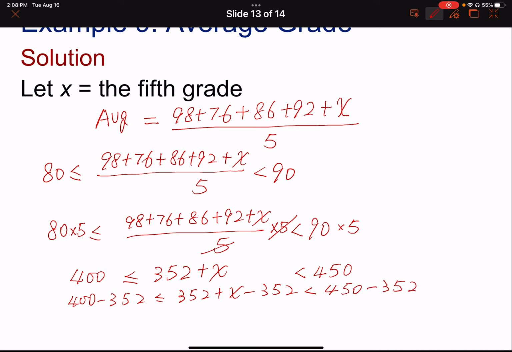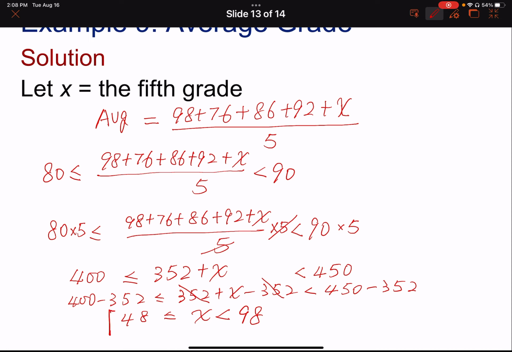And 400 minus 352 is 48, less than or equal to 352 minus 352 is 0, so x, and less than 450 minus 352. 450 minus 350 is 100, but you need to subtract 2 more, so that's 98.